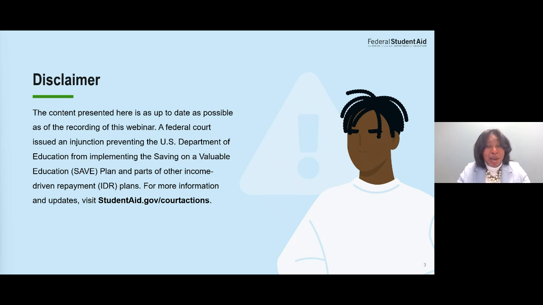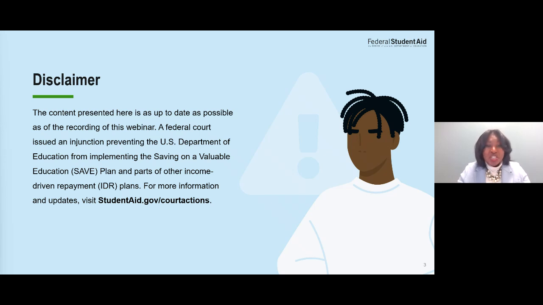Now, this IDR application only allows borrowers to apply for only 3 repayment plans: IBR, which stands for income-based repayment, ICR, which stands for income contingent repayment, and PAYE, also known as Pay As You Earn. Now, the SAVE plan still remains unavailable. It's also important to note that the loan consolidation application is also now available.